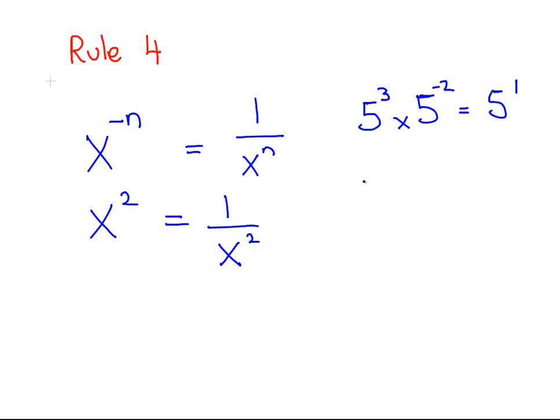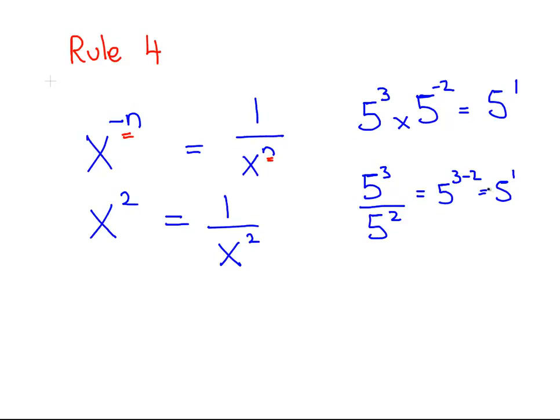Now, that's equivalent to 5 to the power of 3 over 5 squared. Just watch that the minus becomes positive if you put it under the line or express it as 1 divided by something. The rule we just saw previously works the same way: 5 to the power of 3 minus 2, and that's 5 to the power of 1.